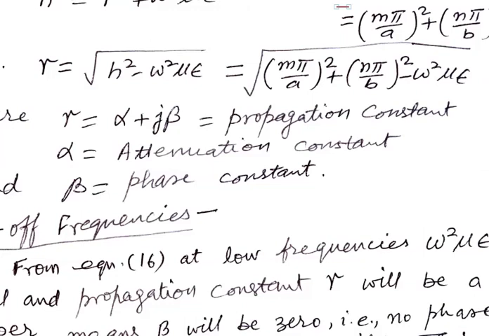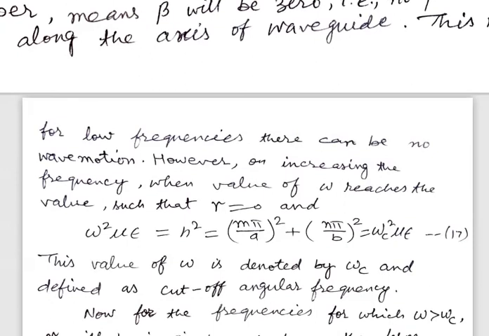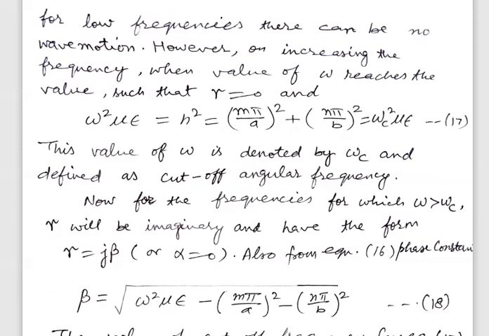So when we increase the frequency omega, a stage will come when h square becomes equal to omega square mu epsilon, and this value of omega, for which we obtain the condition omega square mu epsilon equal to h square, gives us the cutoff frequency omega c. This is the minimum frequency.